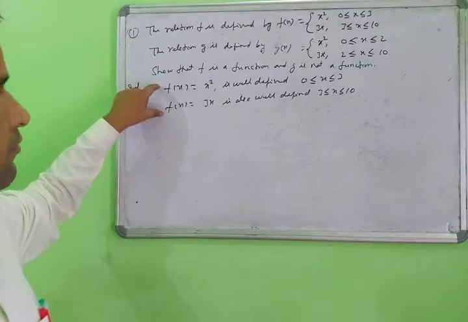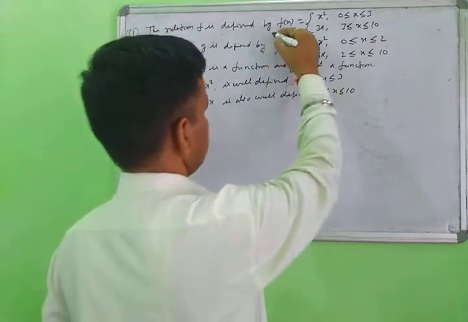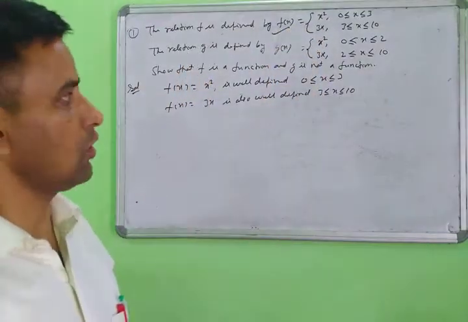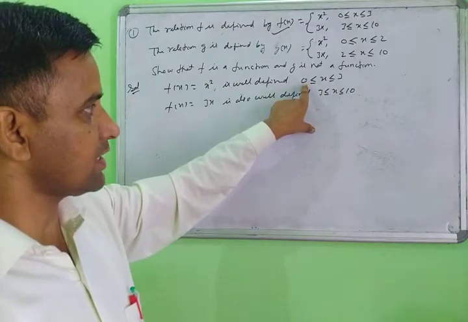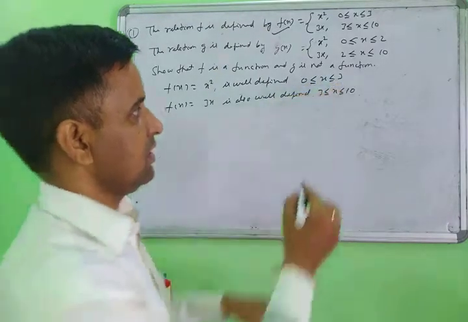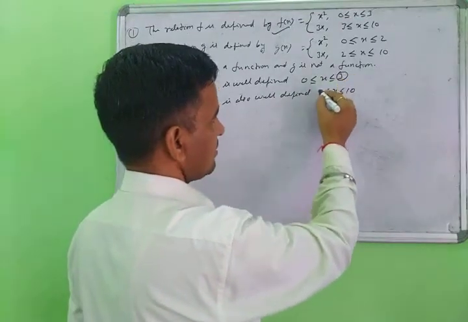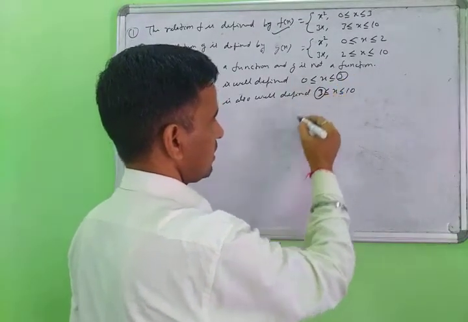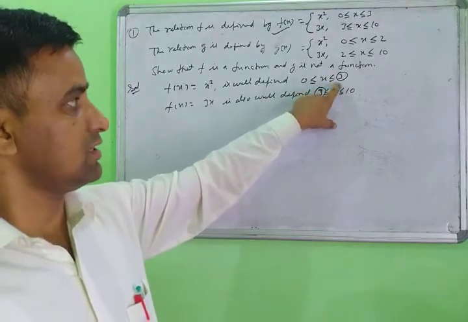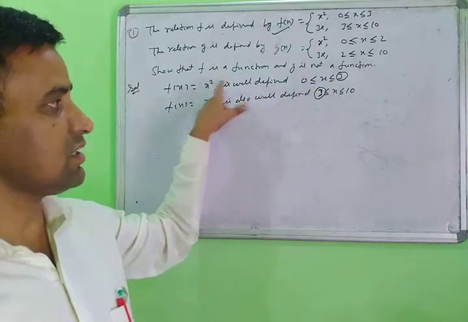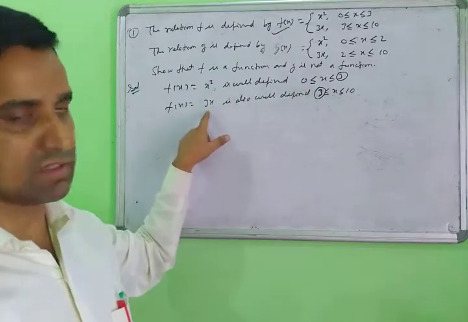Means first we will check whether this is a function or not. Here the limit is greater than or equal to 0 and less than or equal to 3. Check 3 on both sides. Here more than 3, here less than, but the equal sign is also there. Is this equal sign used in this function or in that function?